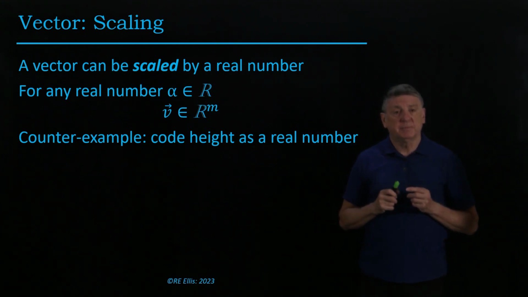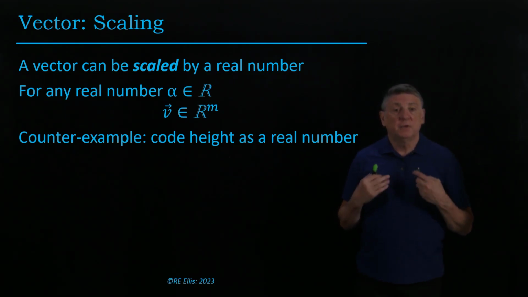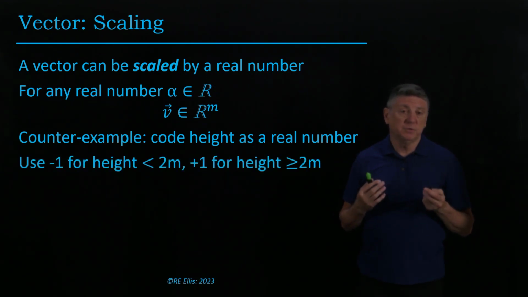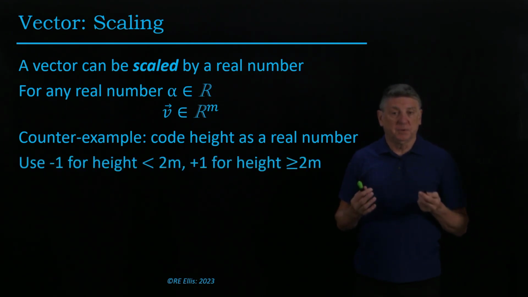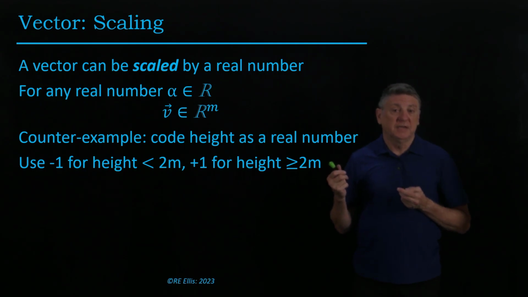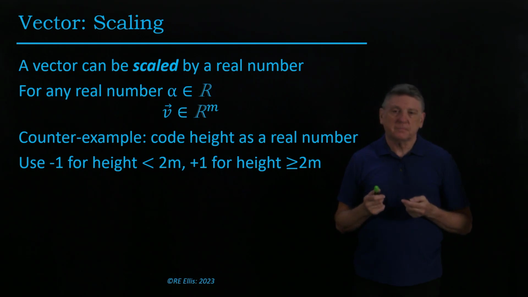A counterexample is when you use a real number as a code for something else. We call this a categorical variable. So for example, suppose that you're referring to people and you're saying that people with height less than 2 meters get a code of -1, and a person whose height is at least 2 meters gets a code of +1. For reference, I'm a -1.